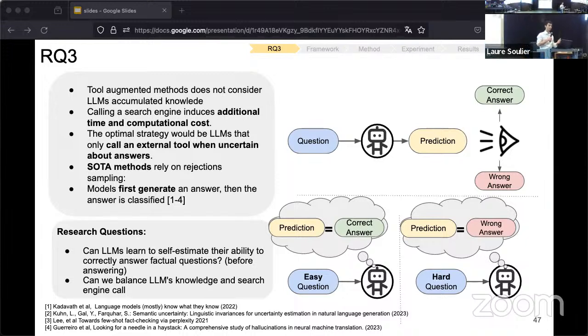And what they found is that the model is mostly able to estimate its own knowledge.